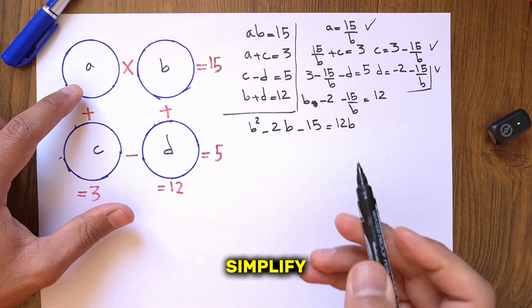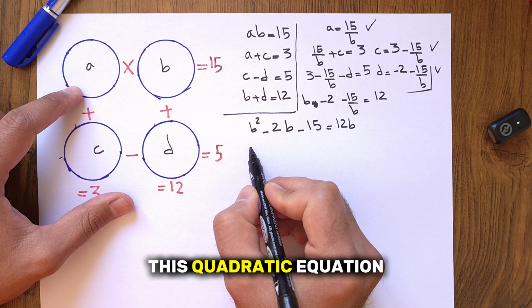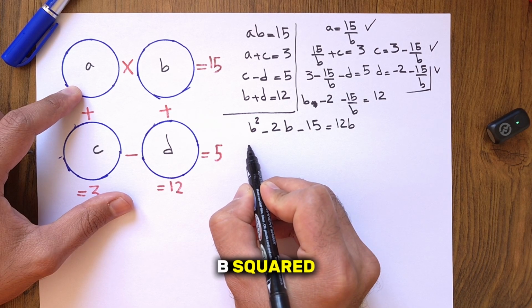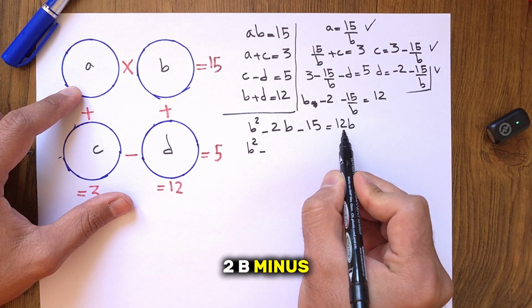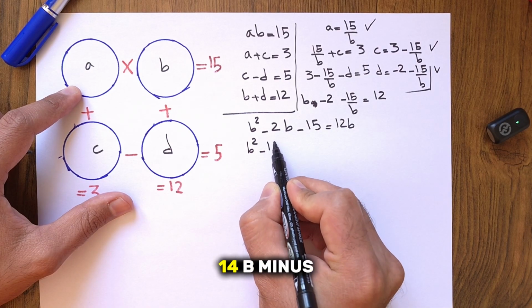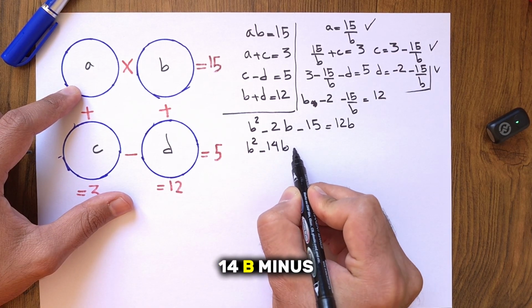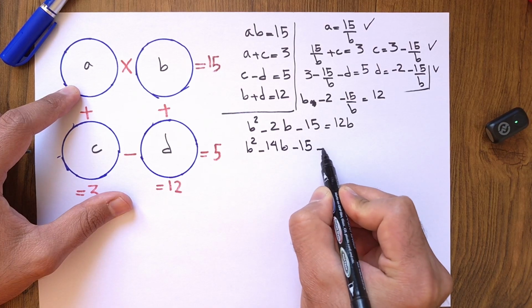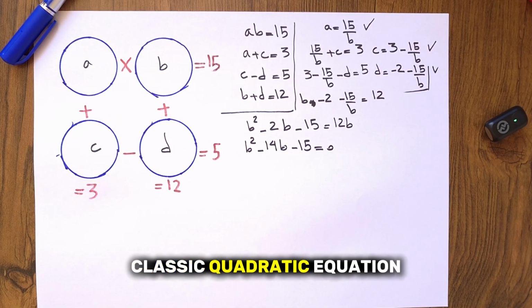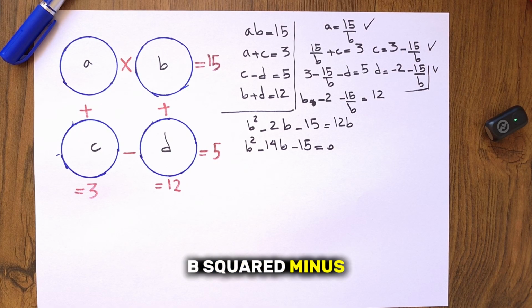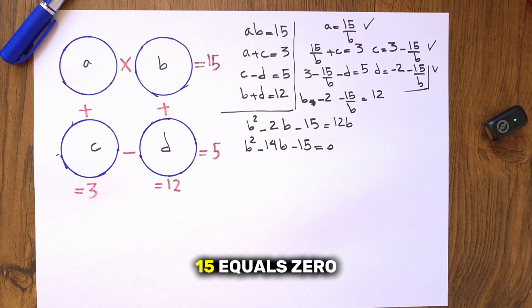If we simplify, we reach this quadratic equation: B squared minus 2B minus 12B, which is minus 14B, plus 15 equals 0, right? That's the classic quadratic equation: B squared minus 14B plus 15 equals 0.